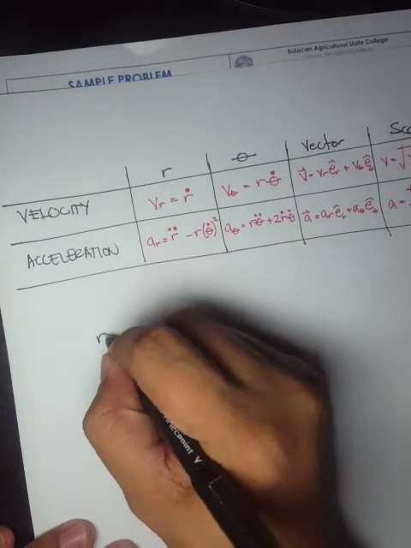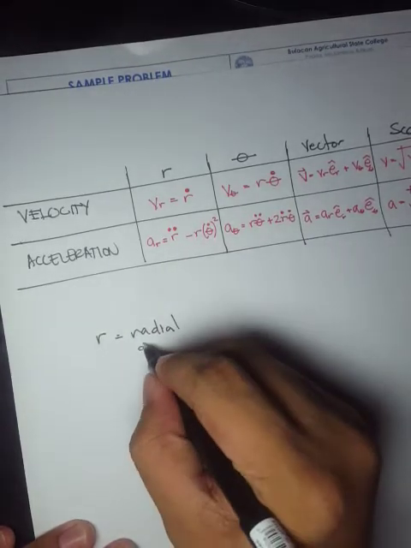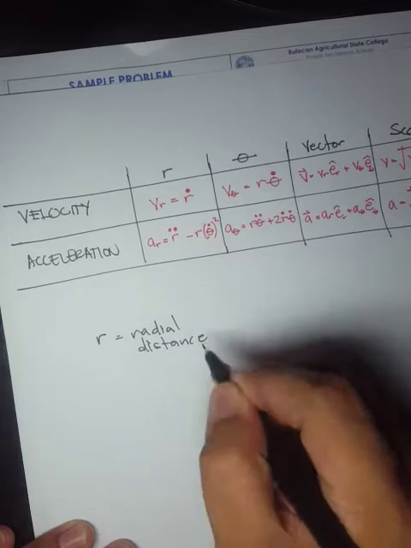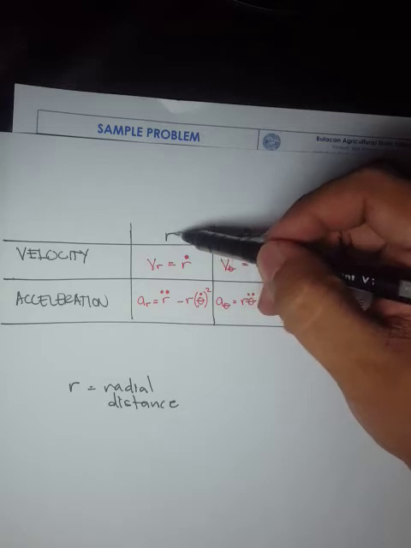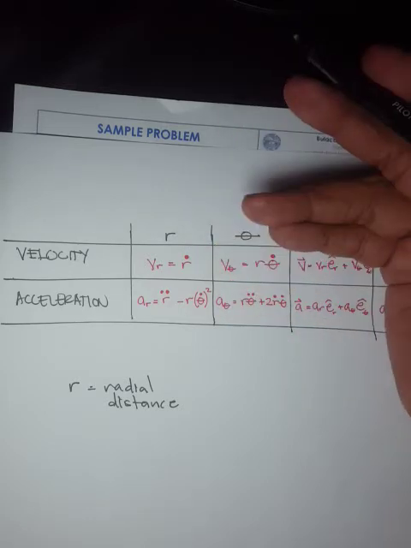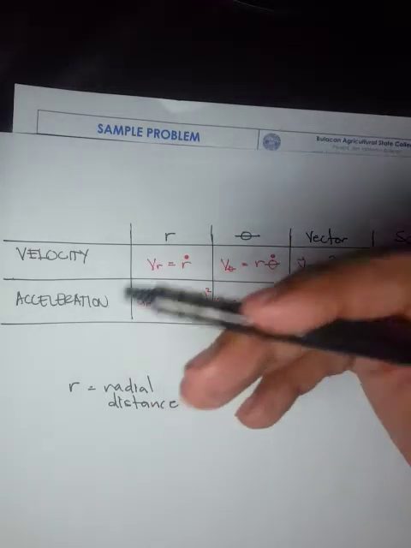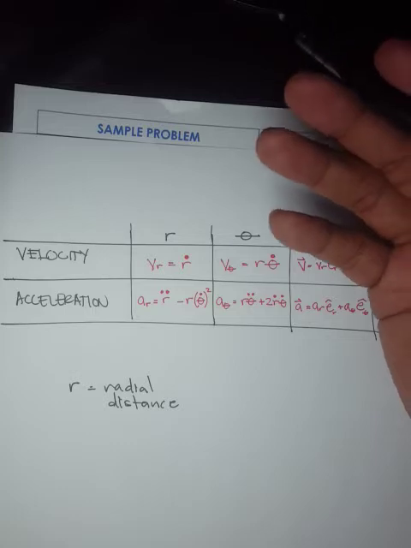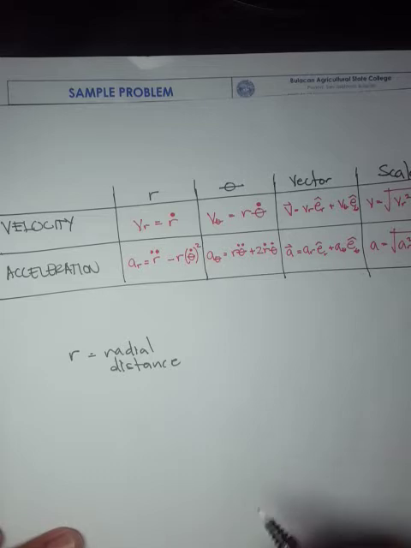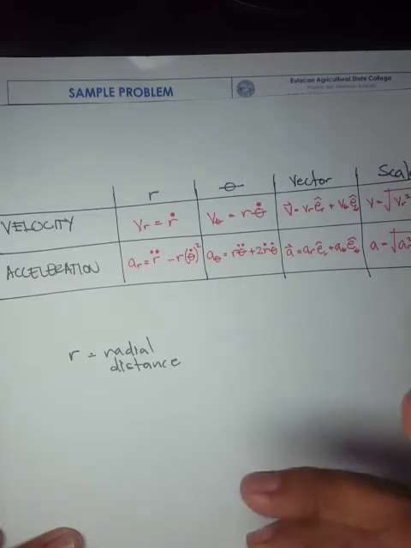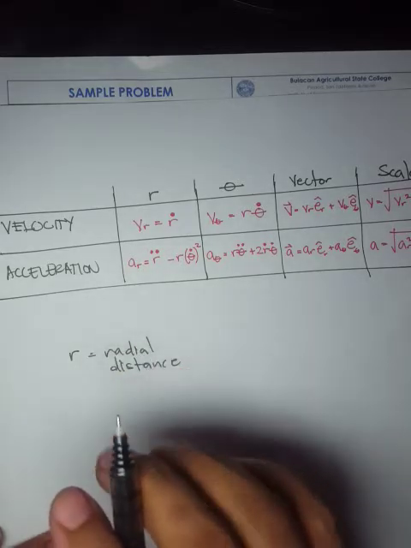When we say r, that's going to be our radial distance. Take note, sometimes we just write r, but what we mean is the radial axis. We also use the same symbol when we say r to refer to the position of your point mass with respect to the axis of motion, or the axis as a reference point.